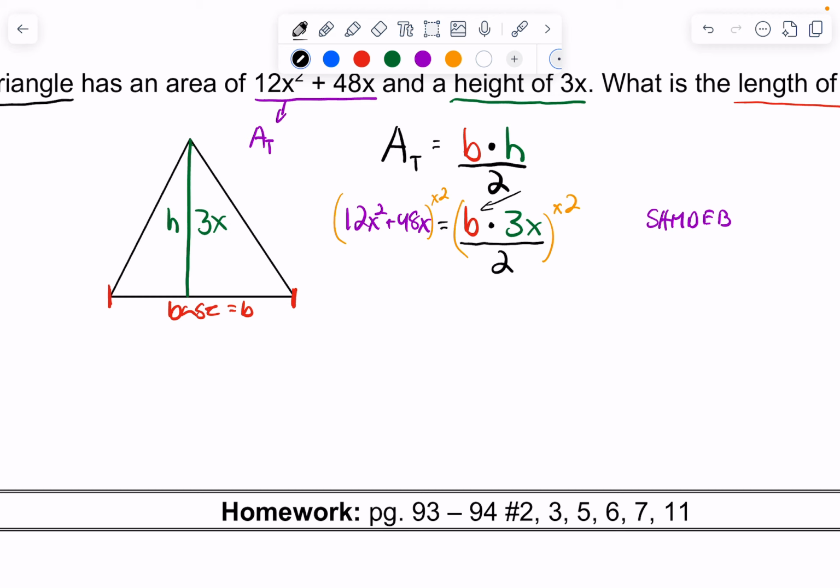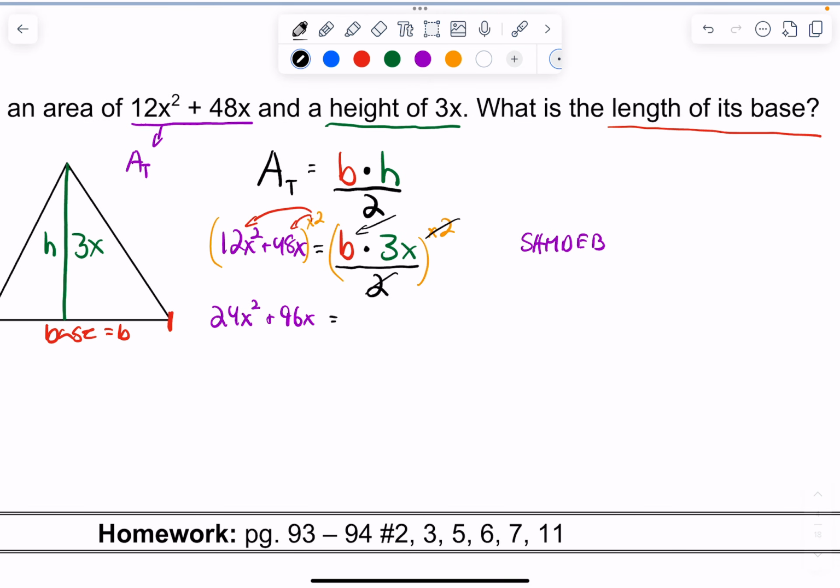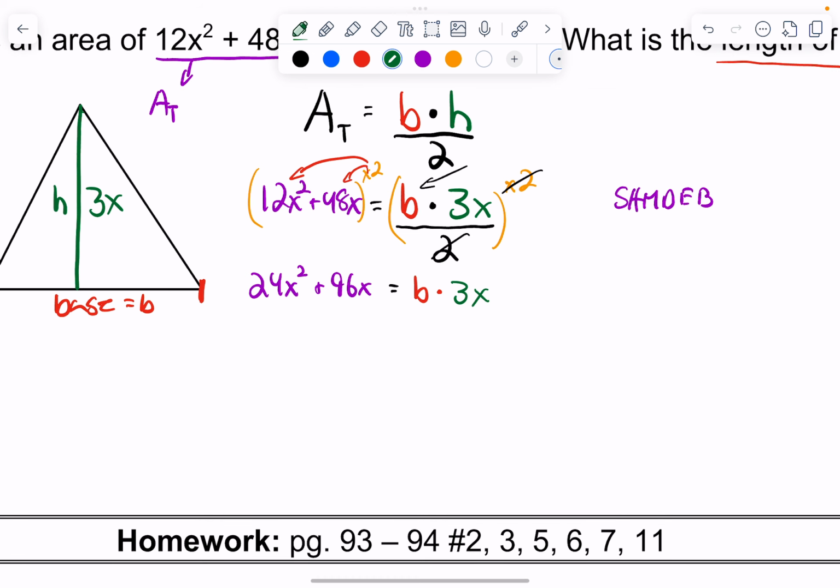Just like a distributive property, 2 times 12x squared becomes 24x squared. And then 2 times 48x is plus 96x equals, and now we got rid of that 2 on the bottom. This 2 and this cancels. And you're left with base times 3x.